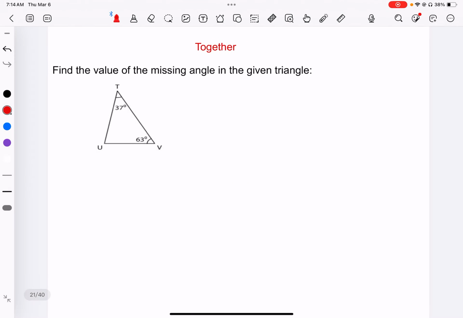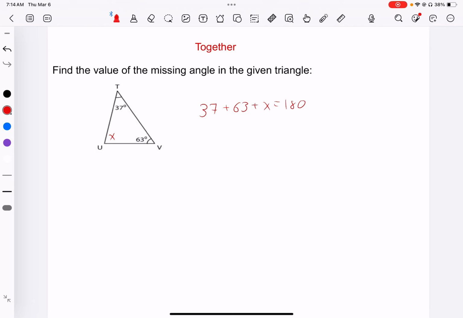Find the value of the missing angle in the triangle. So I'm going to label my missing angle here, which is angle U, with an X. Since all the angles are inside the triangle, they add up to 180 degrees. So 37 plus 63 plus X is equal to 180. It's always best to set up an equation and then just solve your equation.